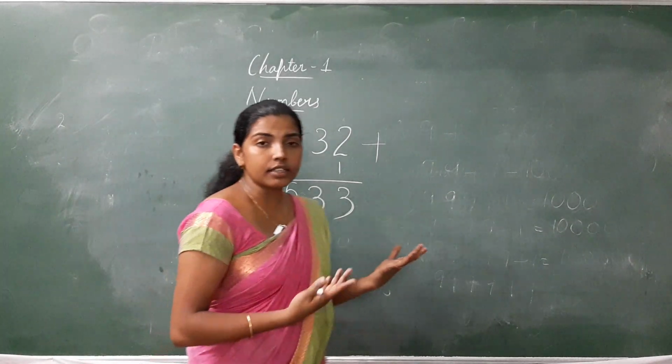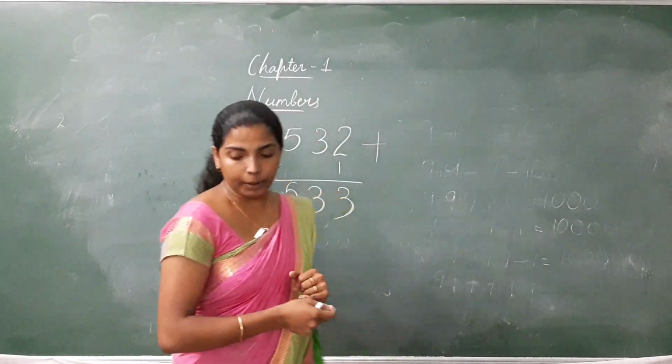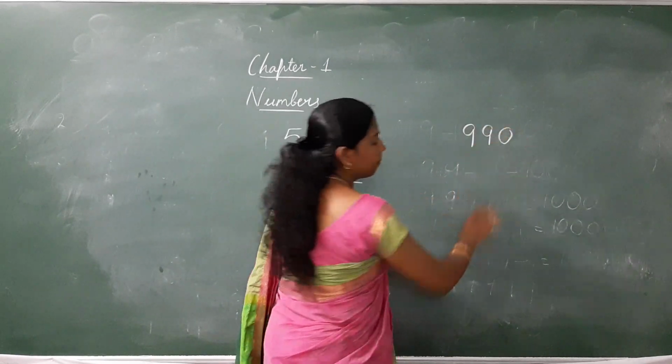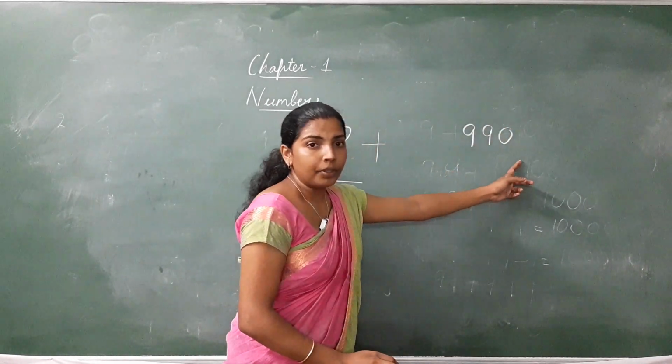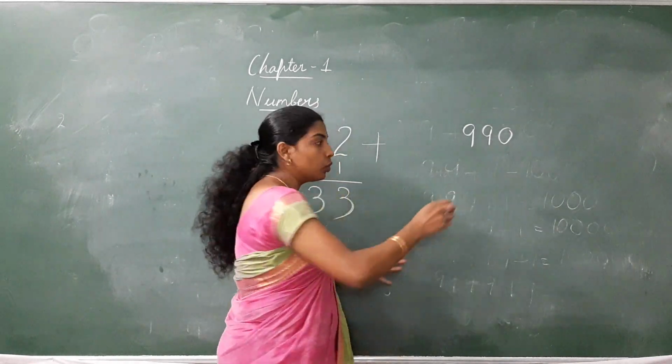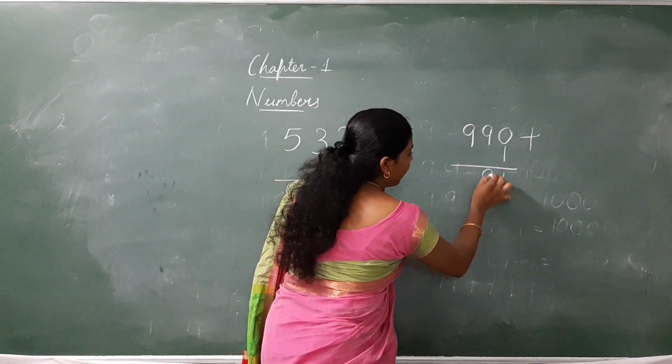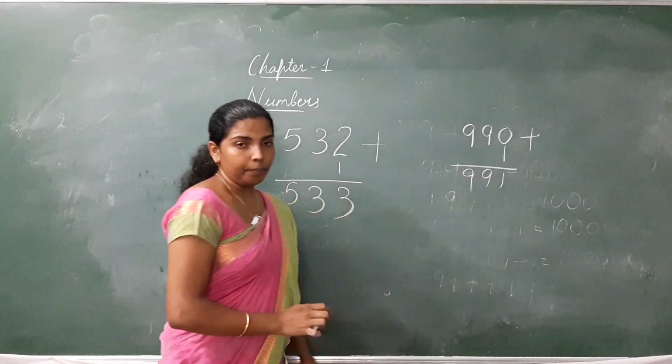If we want to find the successor of a number, just add 1 to that number. Can you say the successor of this number? 990. So we have to add 1 to that number. So 990 plus 1, which is 991.